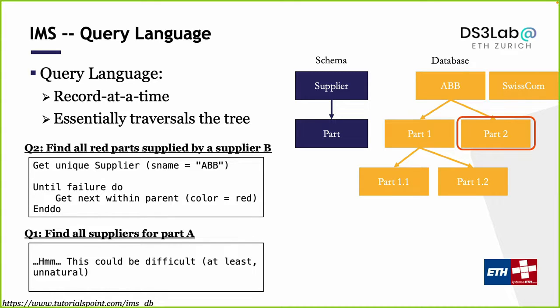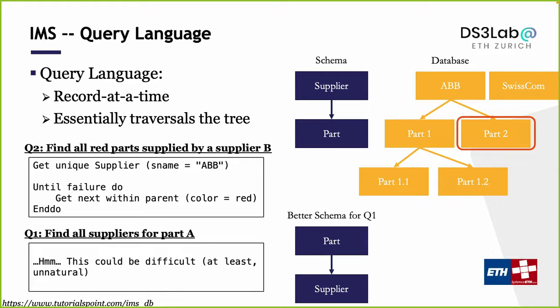But it's very hard for you to go back. So that's something surprisingly hard to do inside a hierarchical model. And that goes to the first limitation of this way of modeling your data.